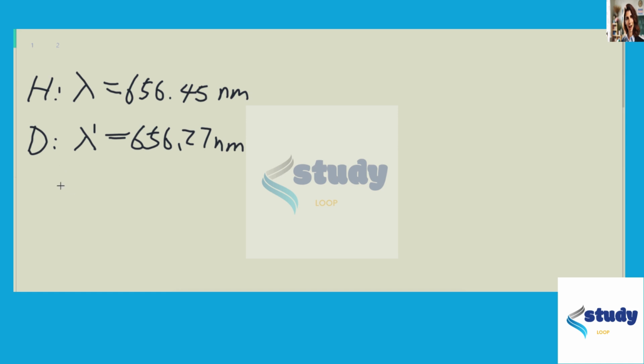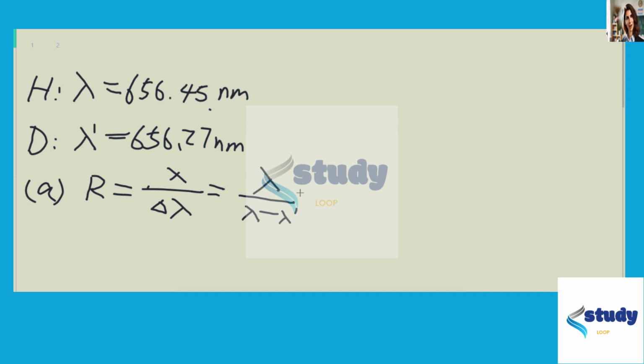To solve question A, we need to apply equation 36-15. The resolving power R equals lambda over delta lambda. Here lambda is our bigger wavelength, and delta lambda is lambda minus lambda prime.